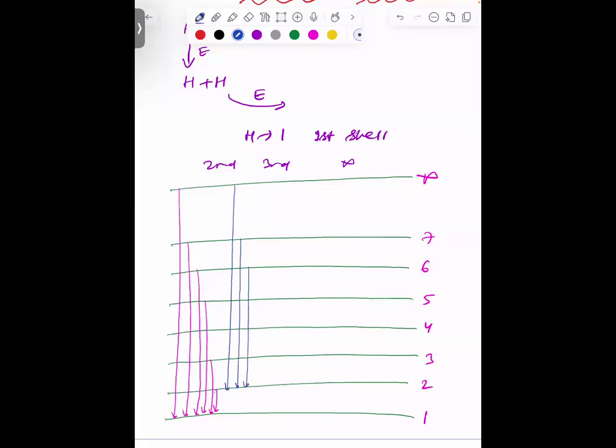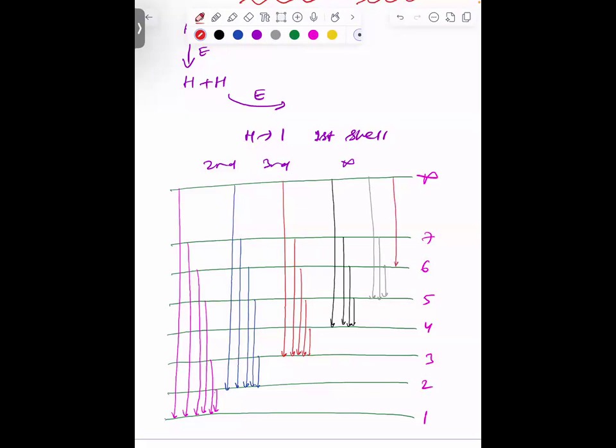This you can draw, or cell number 3. You can draw along with me, or cell number 4, or cell number 5, or cell number 6.